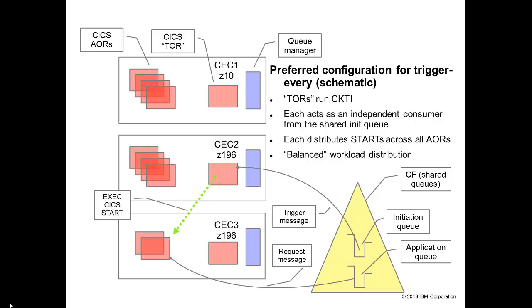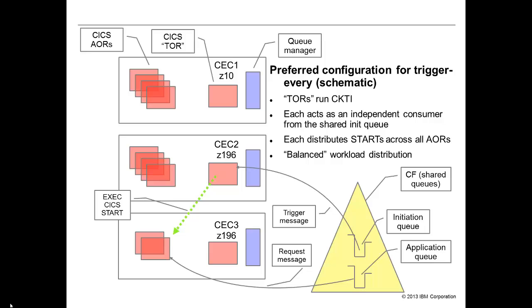So for trigger every, what we would like to see is this type of configuration that's shown here. The TORs, what used to be known as the terminal owning regions, only of course they are not running based on terminals, actually run the CTI transaction. Each one will act as an independent consumer from the shared initiation queue.